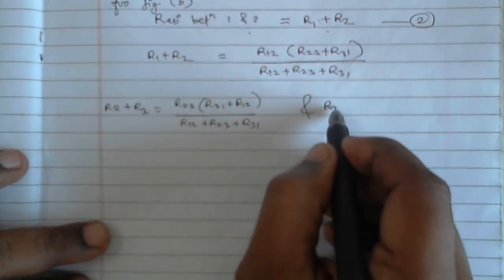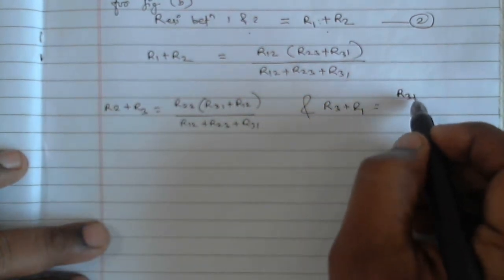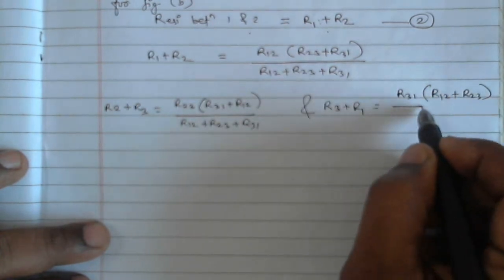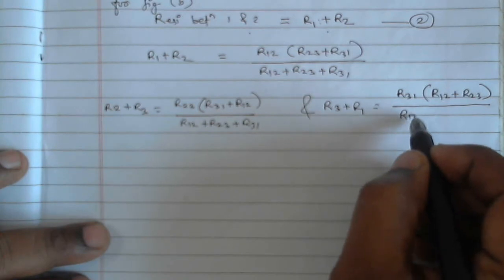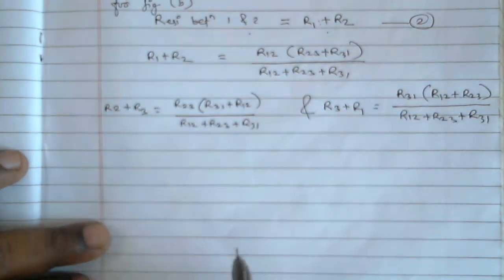Similarly, we can get it for R3 plus R1, that will be equal to R31 into R12 plus R23 divided by R12 plus R23 plus R31.